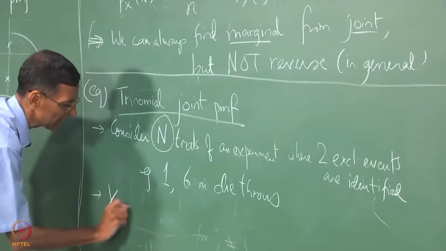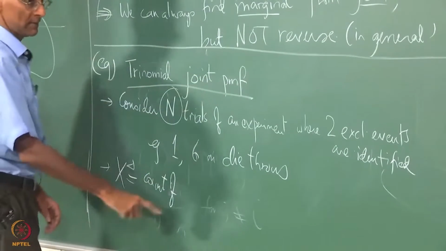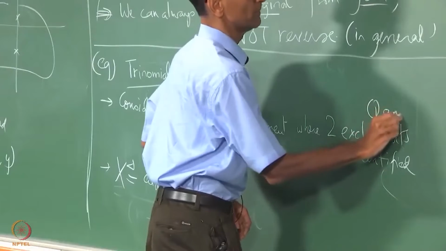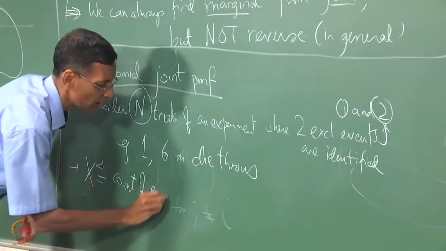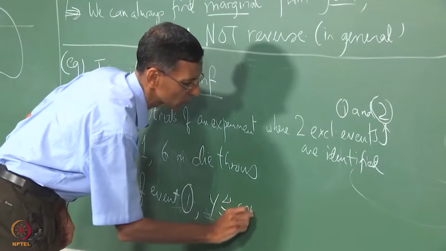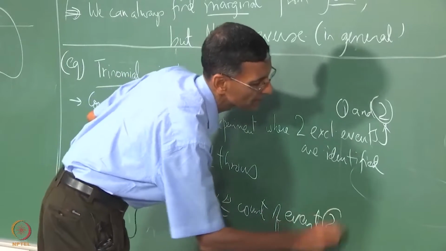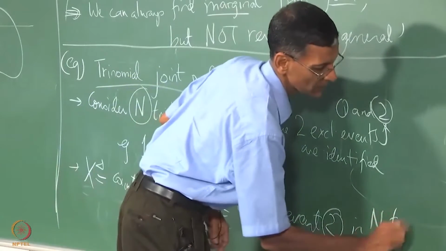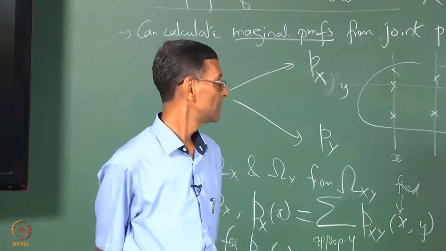So x by definition is the count of, let us say, event 1, and y is the count of event 2, in n trials. So you have these 2 random variables defined in that manner.